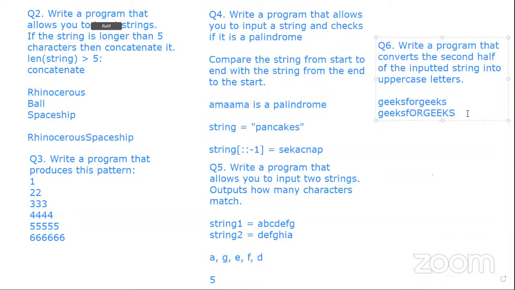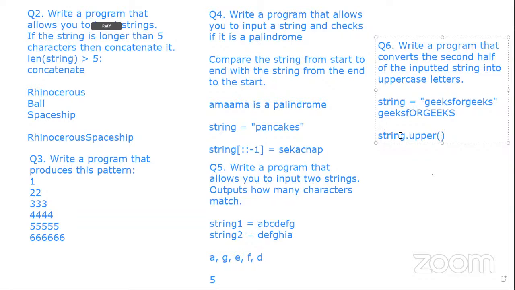In order to convert a string from lowercase to uppercase, you just got to do this. Let's put this in a variable: string dot upper.